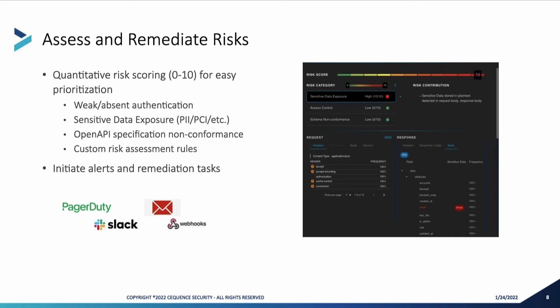Any of these risks are flagged on a score of 1 to 10, categorized low, medium, and high. You can then initiate alerts and remediation tasks directly from the product through the tools that you see listed there.